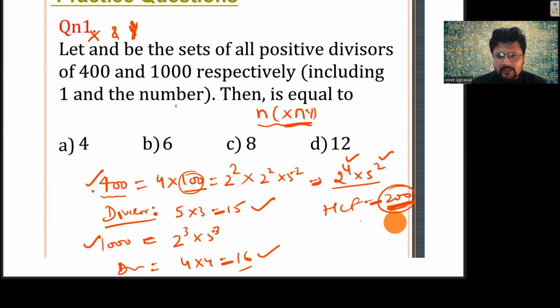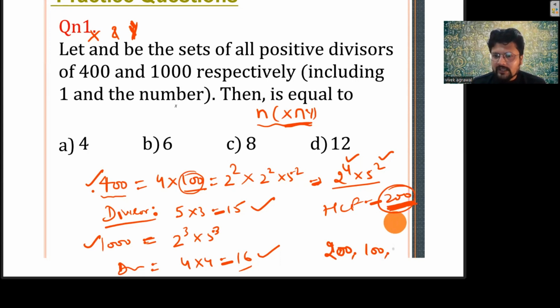So the divisors of 200 will be what? 1. Then, instead of calculating like 1, 2, 3, 4, you can go in the reverse direction. To find the divisors, just divide 200 by 1, and you get 200. Then divided by 2, that will be 100. By 3, it will not be divisible.